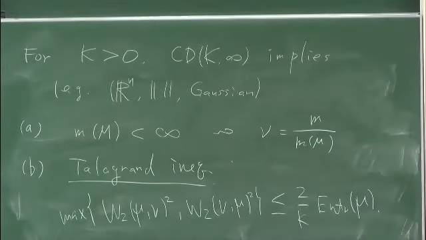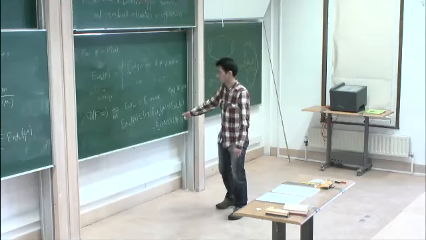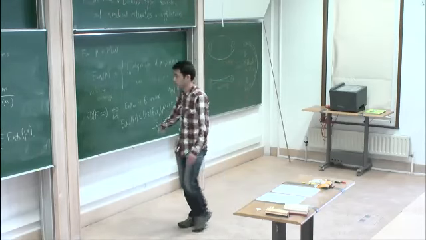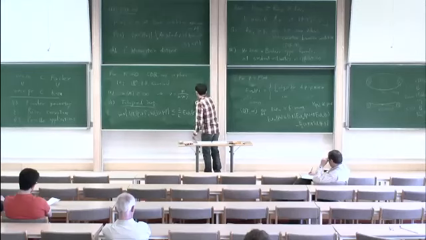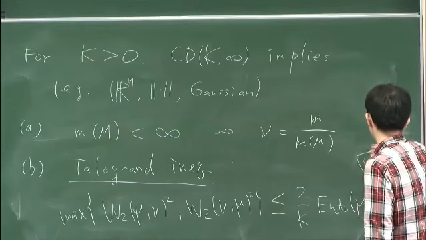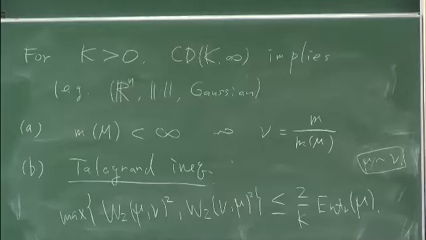And this is very easily derived from the convexity. We apply this convexity between mu and nu, and then we have this inequality very easily.